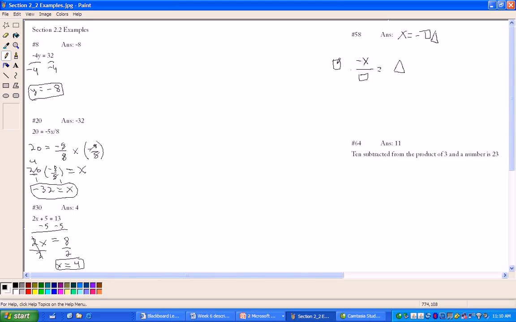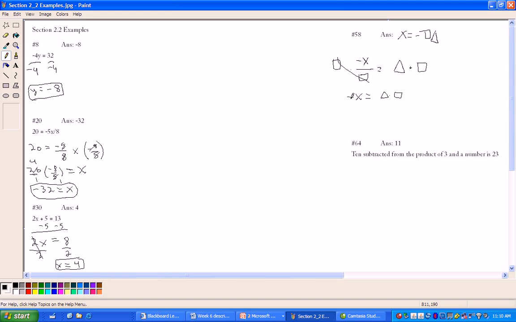So the squares over here cancel. We get negative x is equal to triangle times square. Next, we see we have a negative. How do we get rid of the negative on the x? You can multiply by negative 1 on both sides.